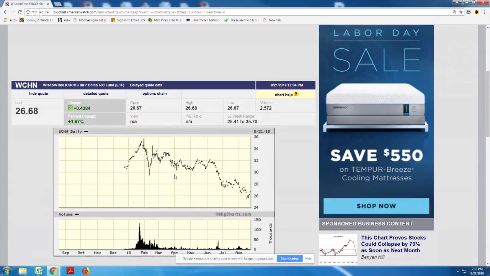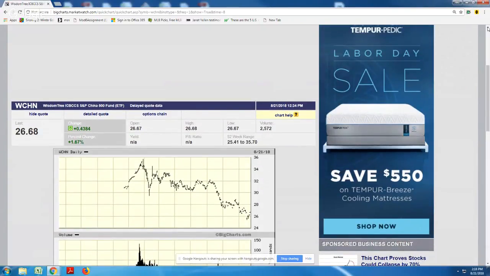And again, going back towards 30, could that happen? Well, if they do reach agreements and call the dogs off on this tariff thing, I would imagine it very well could happen. So if you are bullish on China and you think that they're going to call the dogs off after a 33% drop or so, then that might be worthwhile for you.